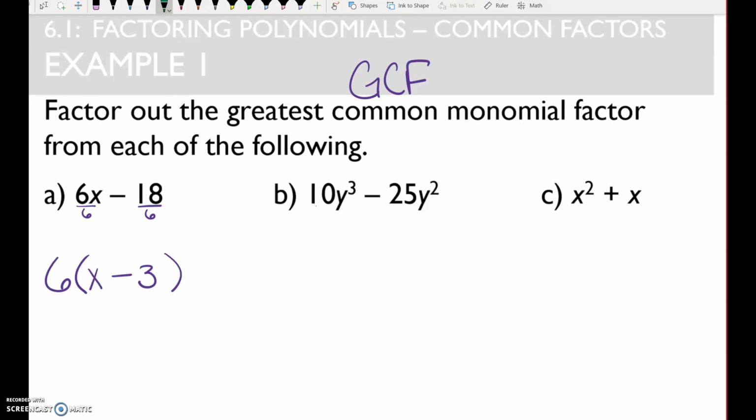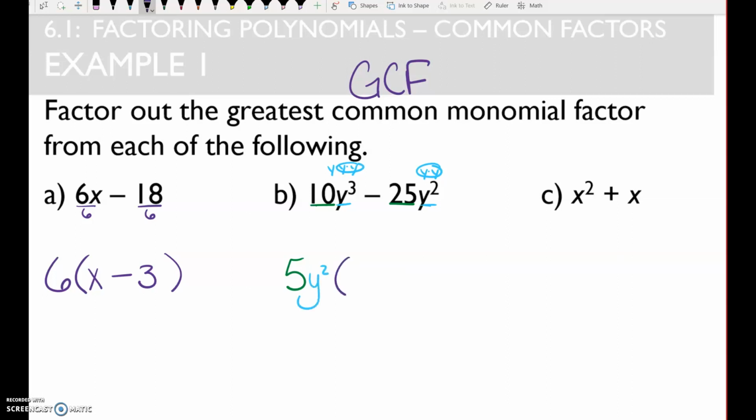The next one, first the numbers, 10 and 25. We can't divide those both by 10. We can divide them both by 5. And then y cubed and y squared. Y cubed is 3 of them. Y squared is 2 of them. We can definitely take 2 of them out of both. So y squared.